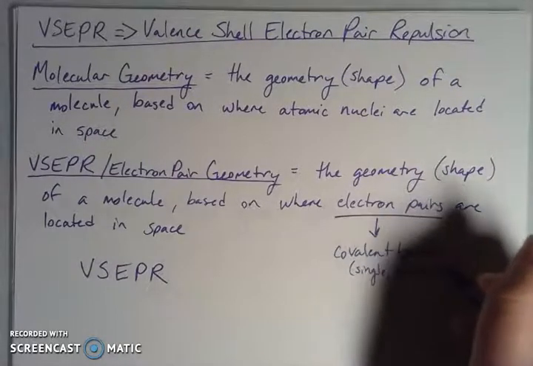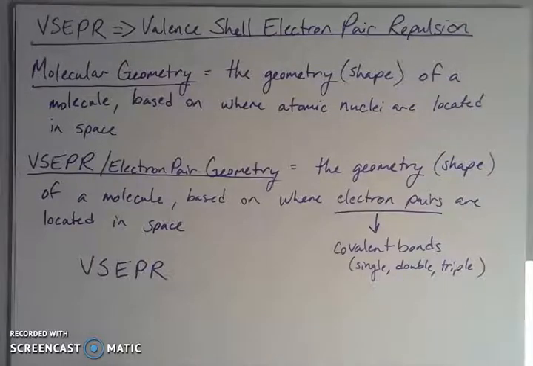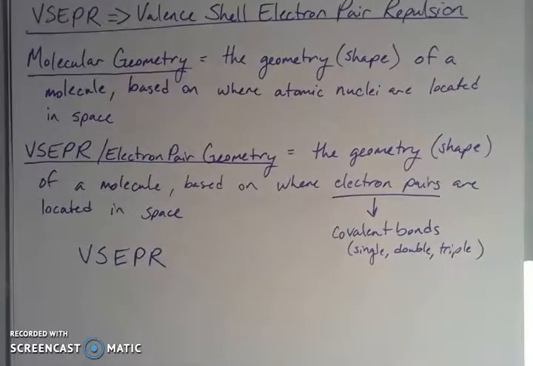So they could have a bond order of 1, 2, or 3. It doesn't matter how many electrons are being shared between the atoms, we still count that as one electron pair. And again, that's kind of a weird distinction. We'll get into the details of that in a future video.